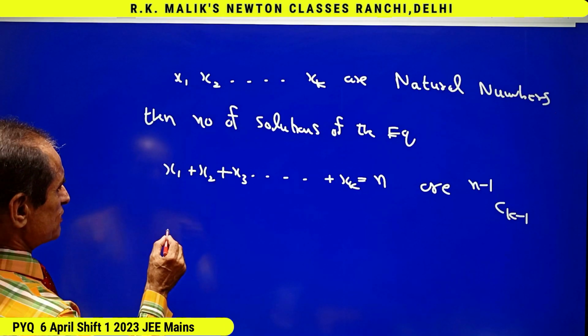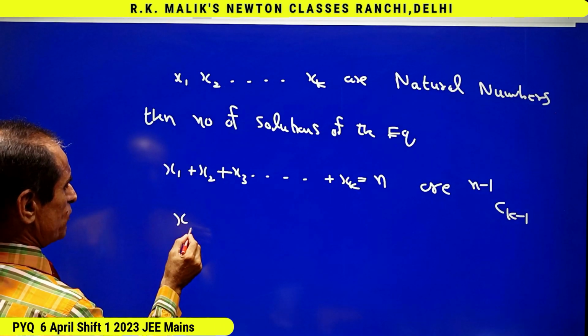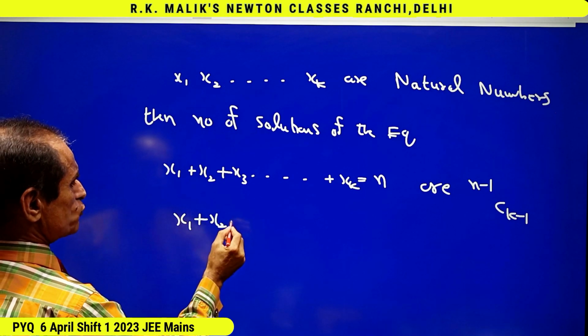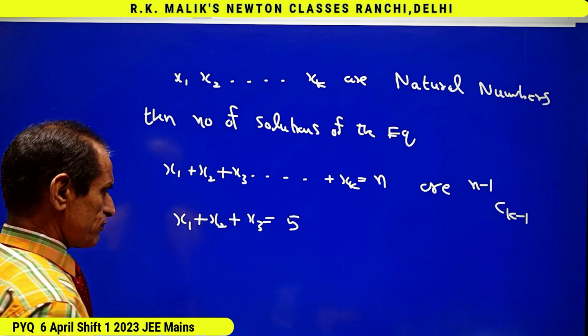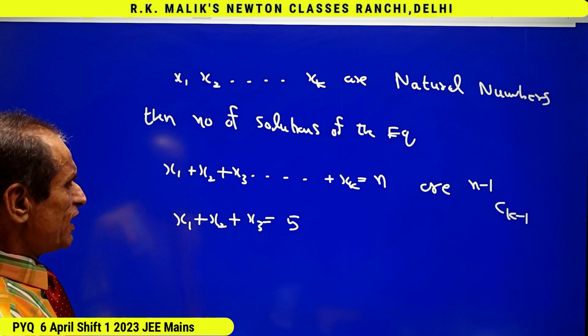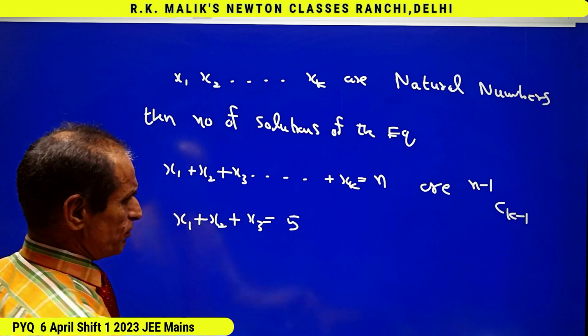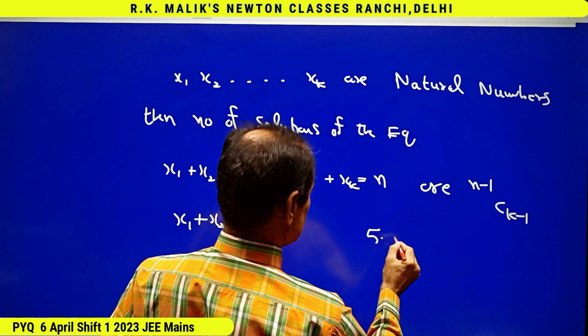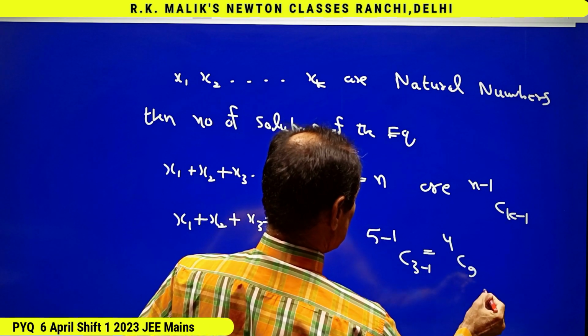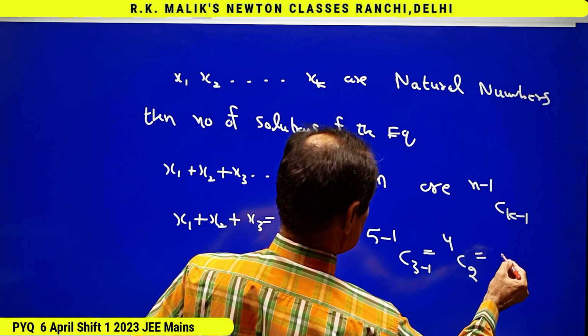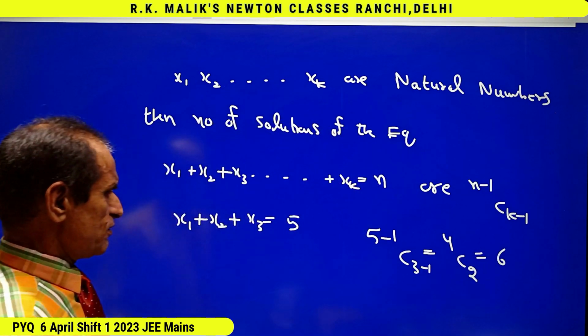For example, if there is the equation x1 plus x2 plus x3 equal to 5, then the number of natural solutions of this equation will be 5 minus 1 C 3 minus 1, that is 4 C 2, that is 6.